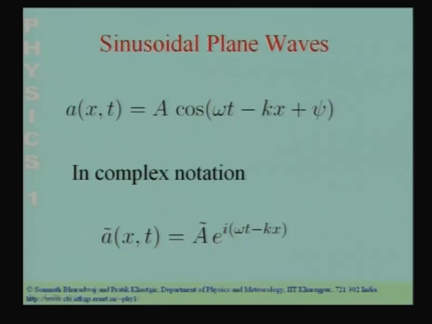Remember that the phase psi has been absorbed inside this complex amplitude. The complex amplitude a tilde is actually A into e to the power i psi.